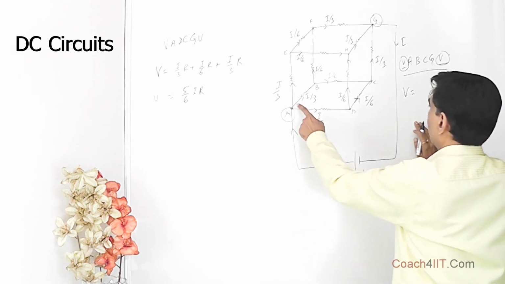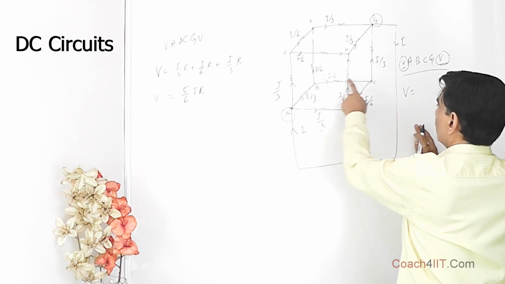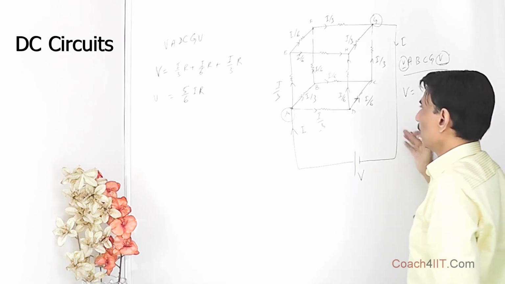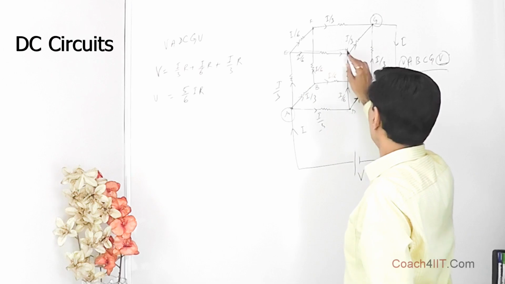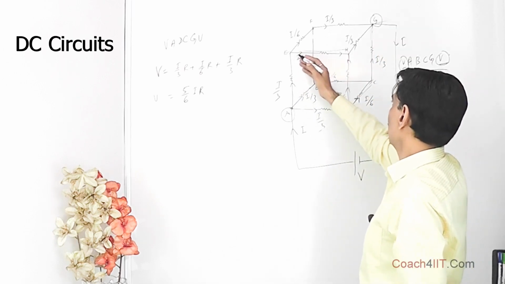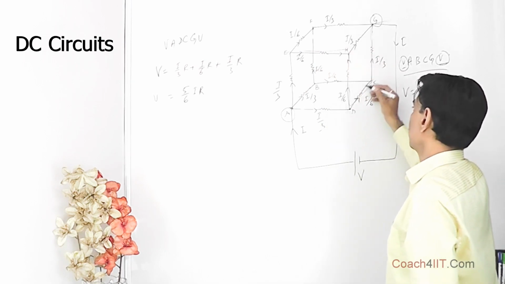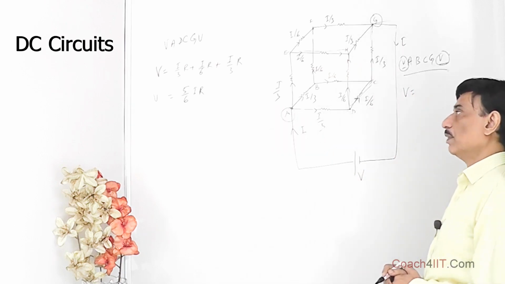Once again I by 3 R plus I by 6 R drop, and across this once again I by 3 R. We can take any path. If we take a more complicated path, something like this, over there also we are going to have some losses, and when we go from here to here there is going to be gain, but that will once again compensate for the loss. So overall it will come out to be the same. For any loop it will come out to be 5 by 6 R.